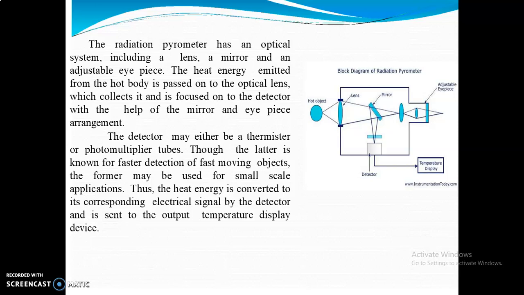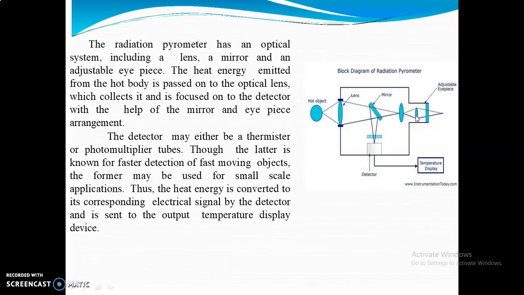And how does it work? This meter has an optical system, which is a lens and mirror, and then an adjustable eyepiece.